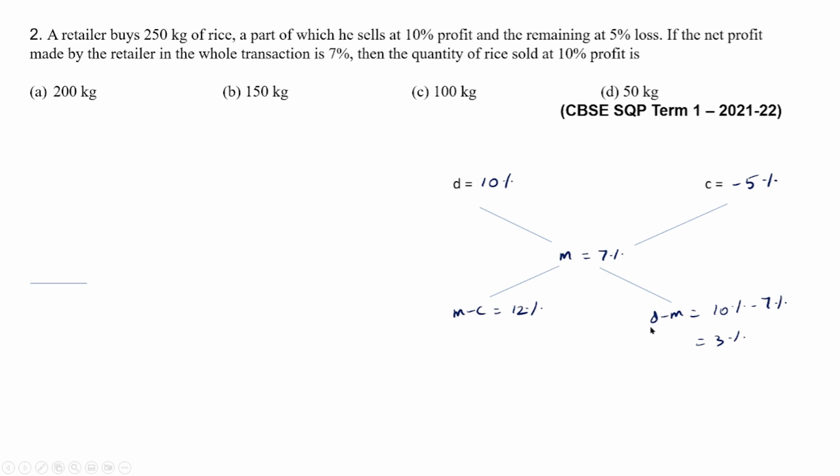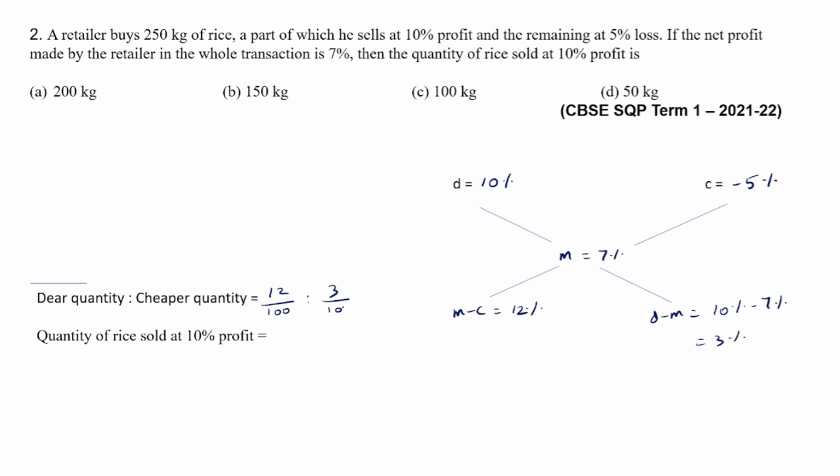So we have the ratio of dearer quantity, that is the quantity of rice sold at 10%, to the rice sold at 5% loss, as 12% is to 3%. So dearer quantity is to cheaper quantity is 12/100 is to 3/100, or it is 4:1.